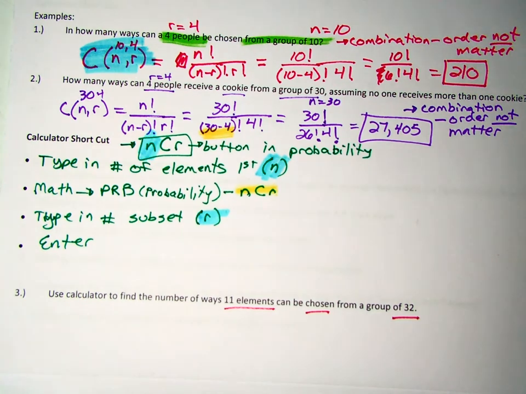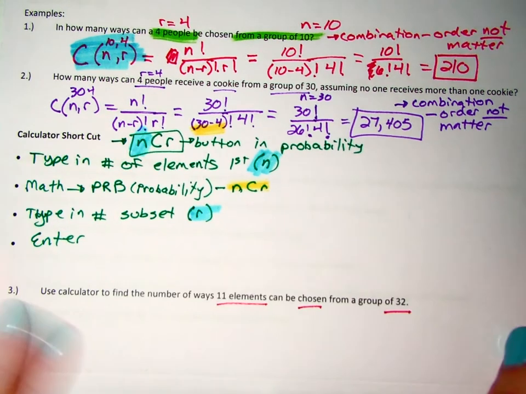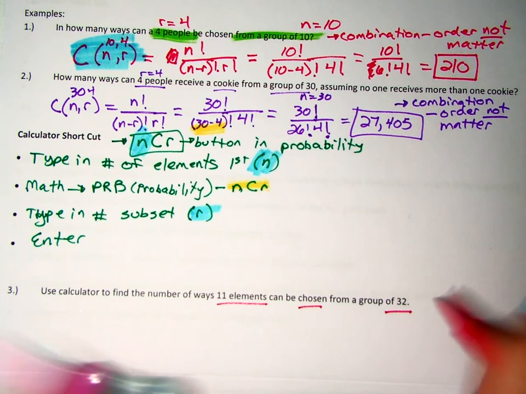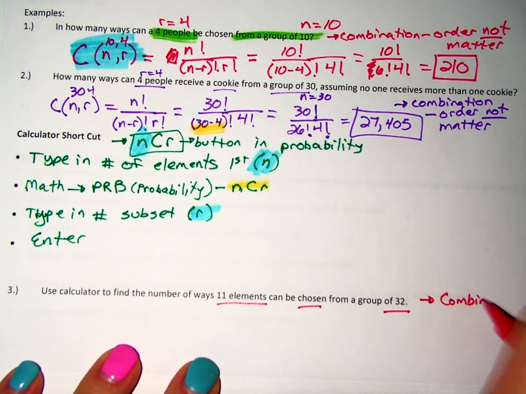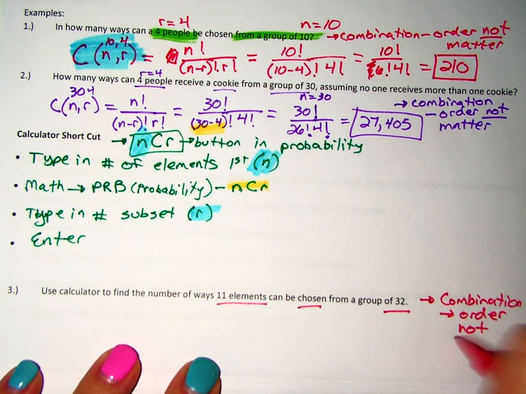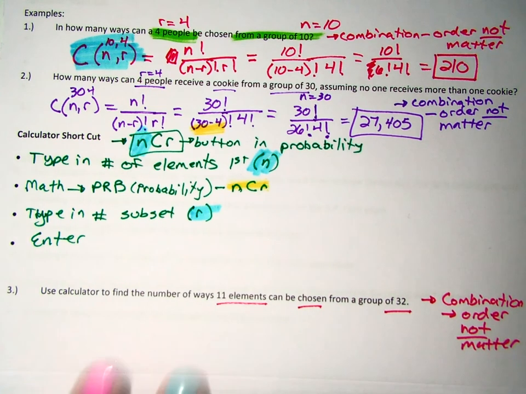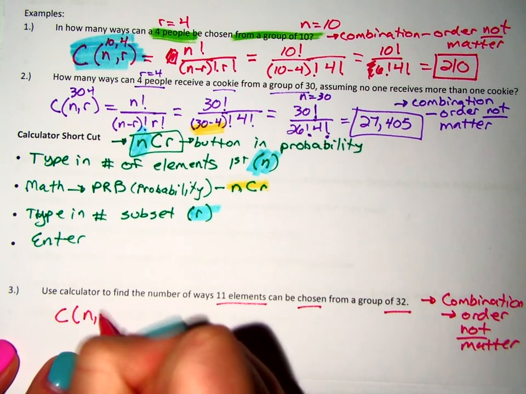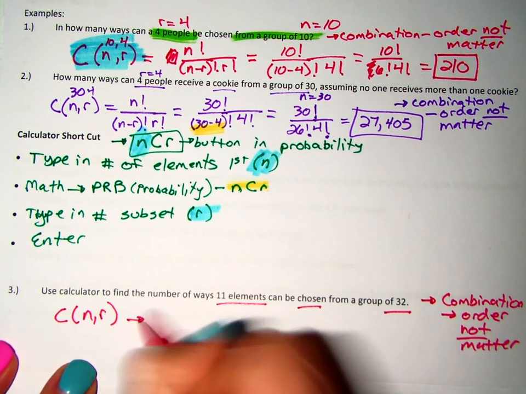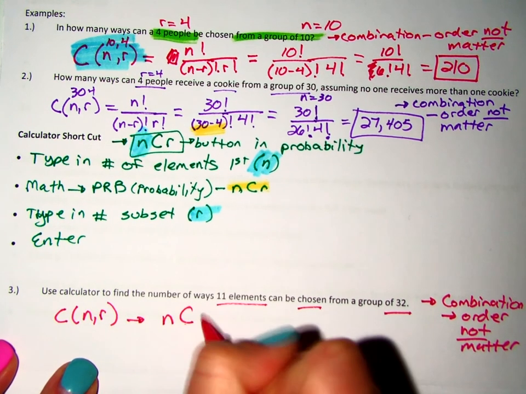Well, if I'm choosing just random elements and all of them are getting chosen, no particular order, there's not a necessary order, so this is a combination, because order does not matter. You really have to have that in your head. If order does not matter, then it is a combination. So we have to have C of n comma r. But if we're going to do our calculator, now we need to switch this to nCr.